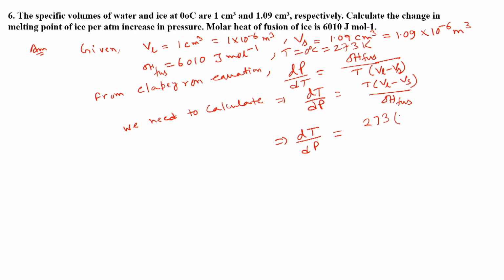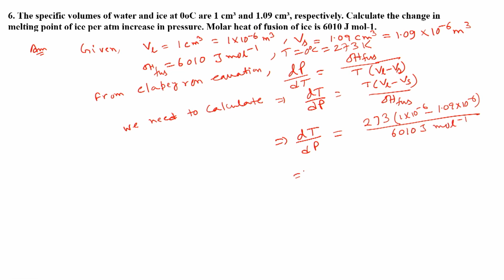Now the volume of liquid is 1 times 10 to the minus 6, minus Vs is 1.09 times 10 to the minus 6, and delta H is also given, delta H is 6010 joules per mole.